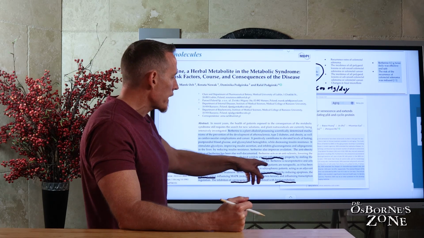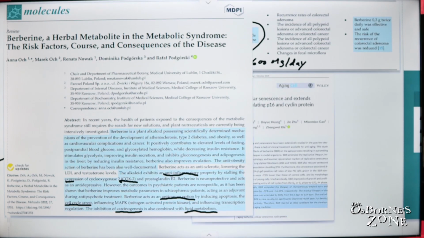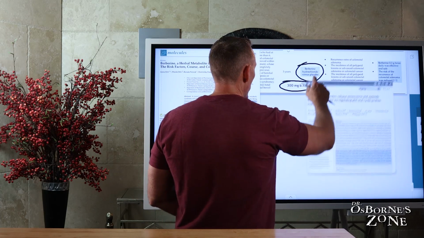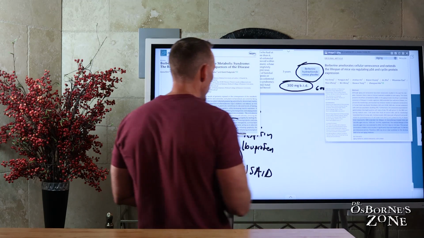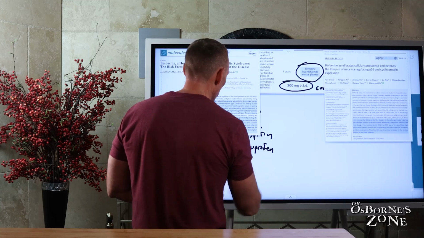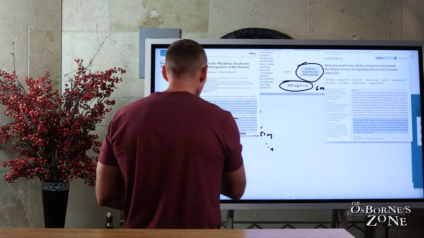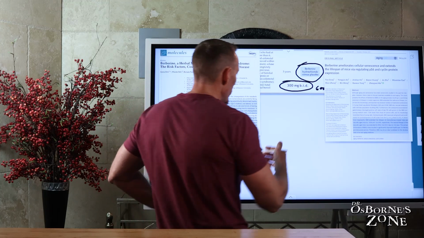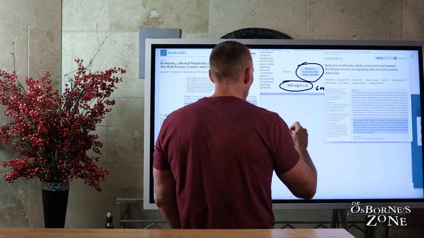However, the outcomes in psychiatric patients are nonspecific. It has been shown that berberine improves metabolic parameters in schizophrenic patients, acting as an adjuvant during antipsychotic treatment. If you know somebody who's taking one of these powerful antipsychotics for schizophrenia, many of them increase blood glucose.